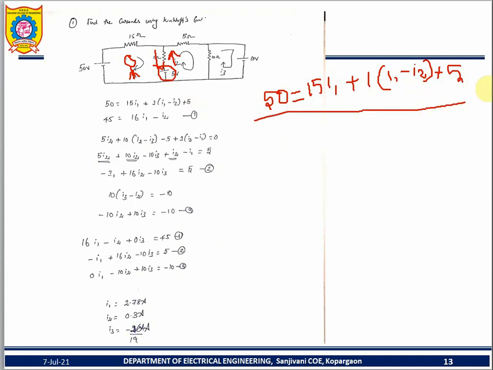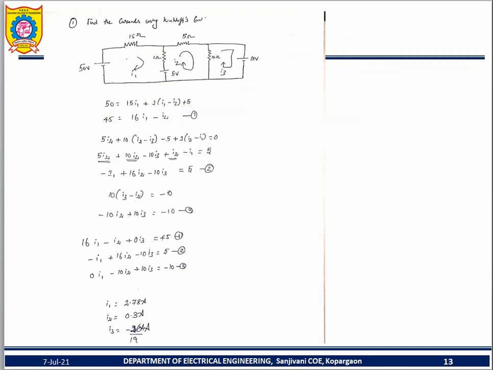Equation is over. Simplify the equation. Move the 5 to the opposite side: 50 minus 5, 45. So 15 I1 plus 1 I1 is 16 I1 minus I2. So you can write the equation easily.